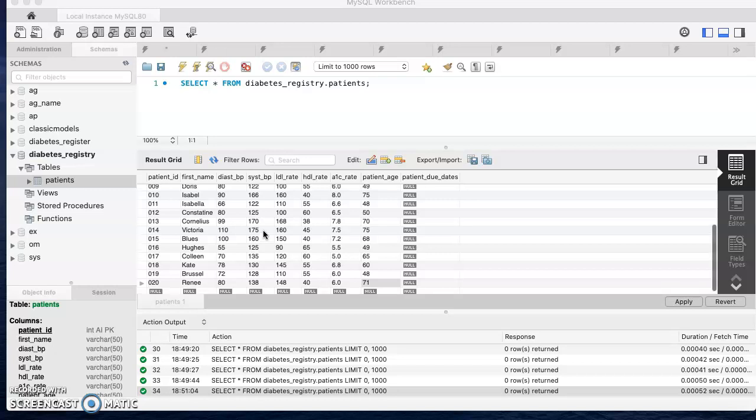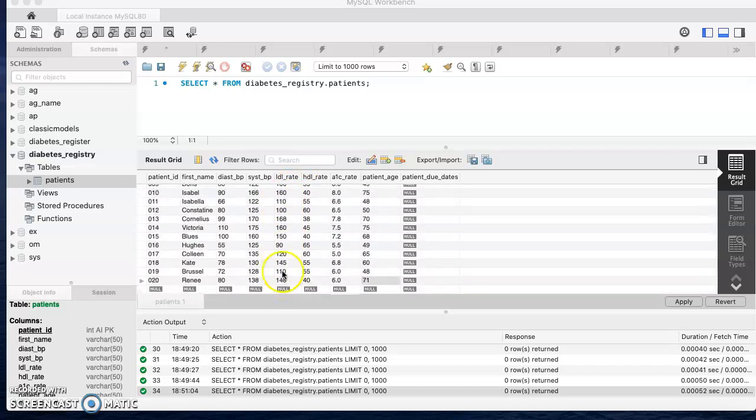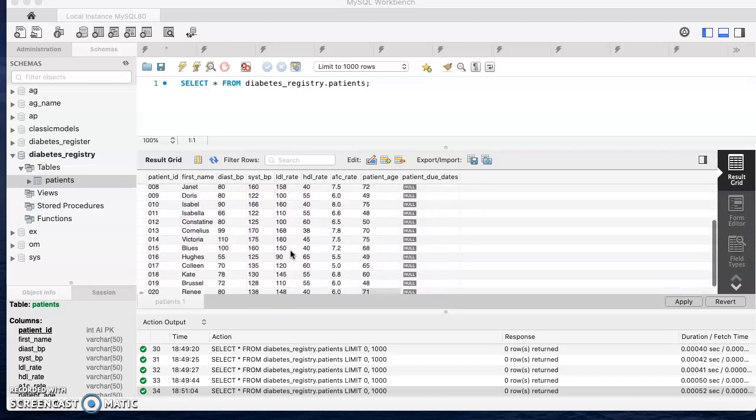stroke. And here we have the bad cholesterol values. Some are again high here. For instance, for Janet, the value is high.